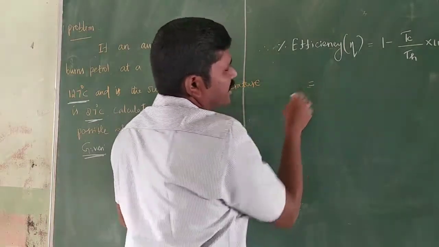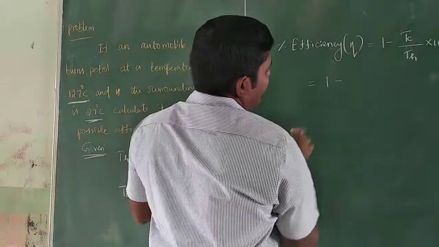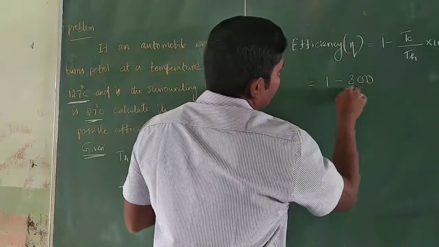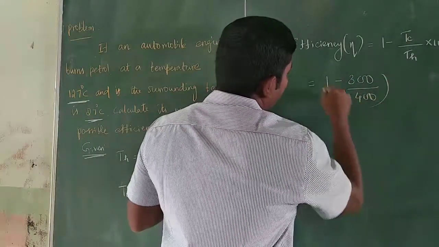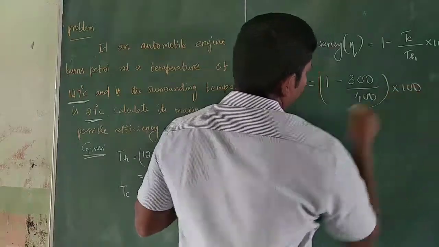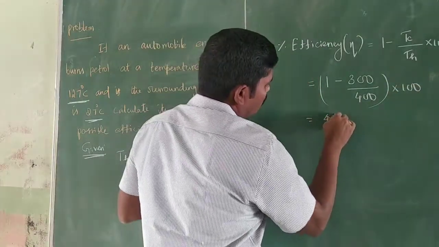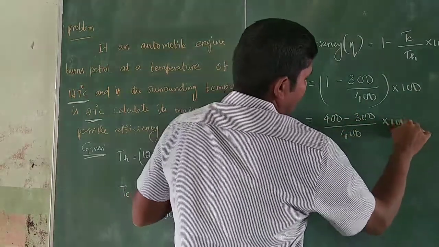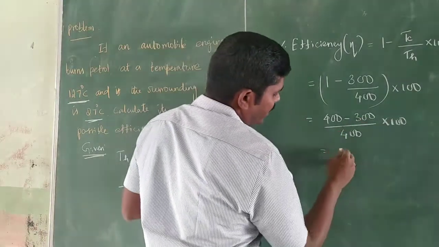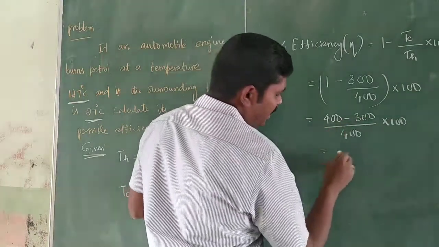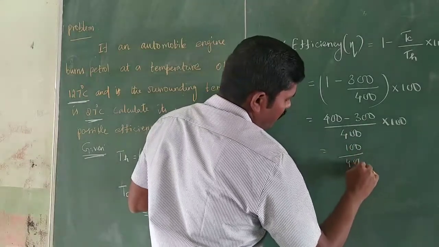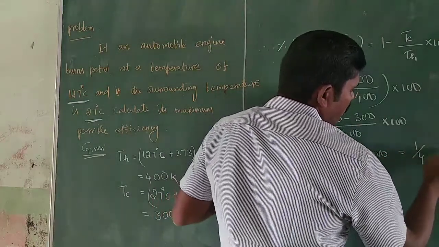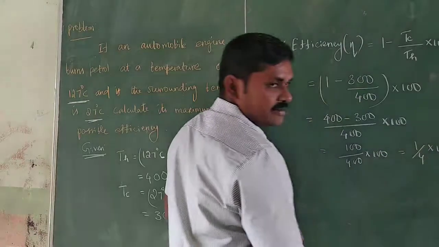That is equal to 1 minus 300 by 400 into 100, which is 400 minus 300 divided by 400 into 100, which is 100 by 400 into 100, which is 1 by 4 into 100.